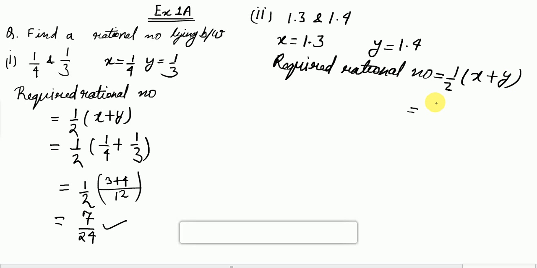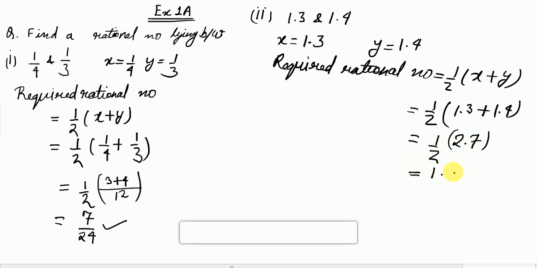So 1/2 times (1.3 + 1.4). After adding this, 2.7 divided by 2: 2 1s are 2, 2 3s are 6, 2 5s are 10, so 1.35. This is the required rational number between 1.3 and 1.4.